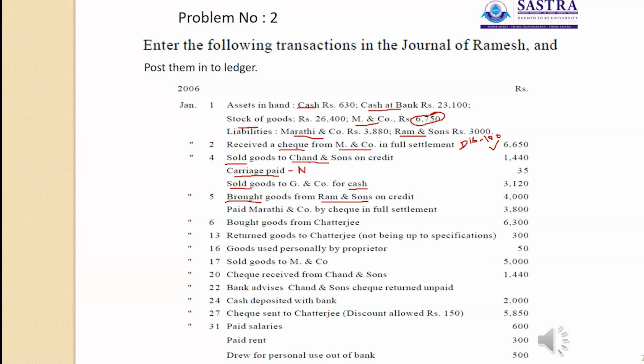Here the creditor's amount is already 3,880, and the amount settled is only 3,800. So the remaining 80 is the discount received, that is considered as discount.